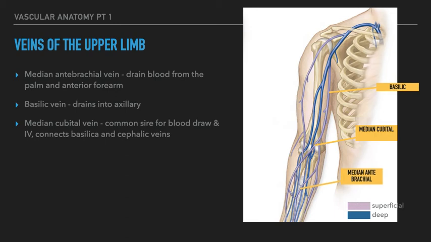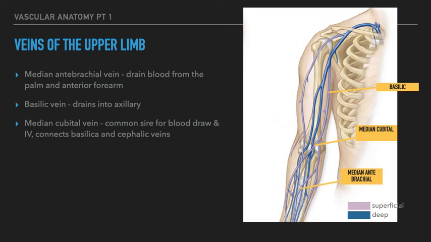The median cubital vein is also a superficial vein of the upper limb. It's very clinically relevant as it is routinely used for venipuncture, or taking blood, and it's also a site for introducing IVs. Why is that? This is due to the fact that it has a pretty wide lumen, the inside of the vein, and its tendency to remain stationary upon needle insertion.